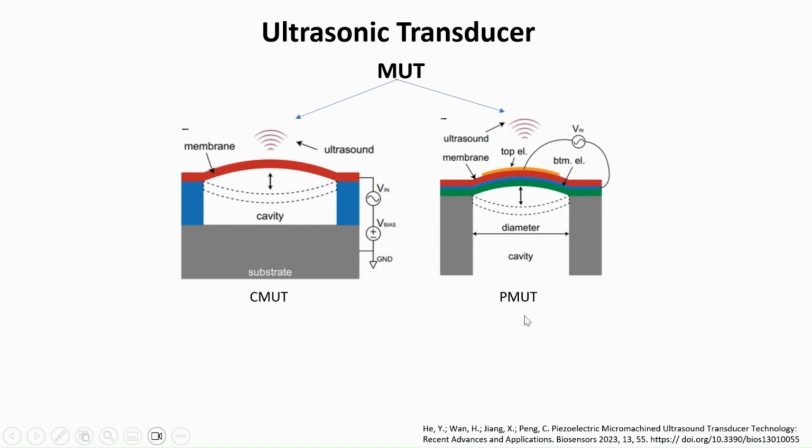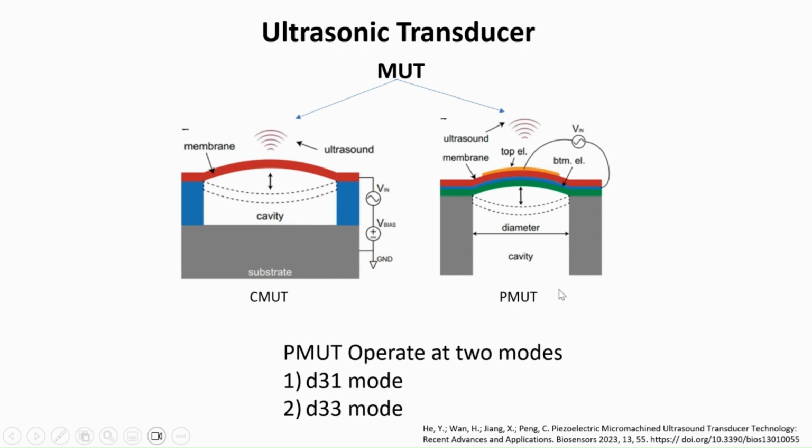What happens in a PMUT is you apply a voltage, V in, from the top. Ultimately this gives an electric field in the z direction. When you apply an electric field in that direction, the PMUT works in two modes: a D31 mode and a D33 mode.